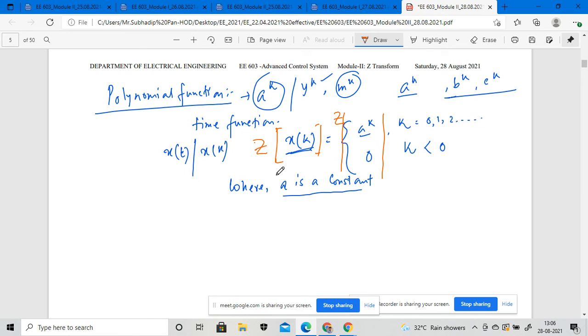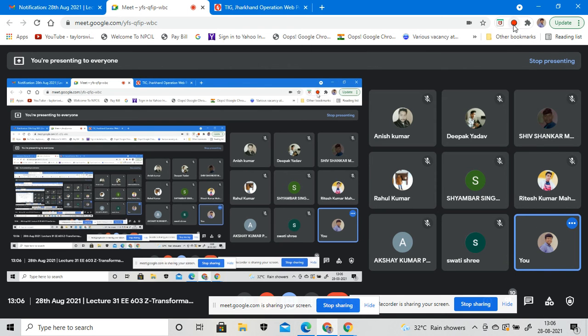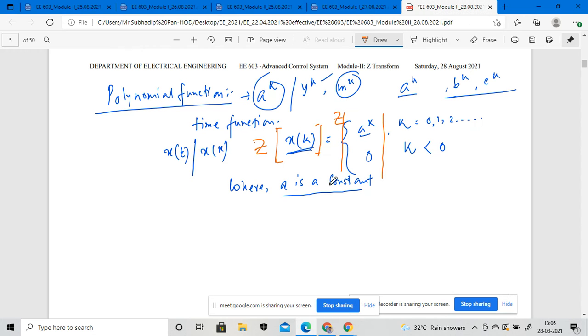So here also we will consider the two-sided z transformational method. If I consider the two-sided z transformation, we will obtain: the z transformation of x of k gives x of z.